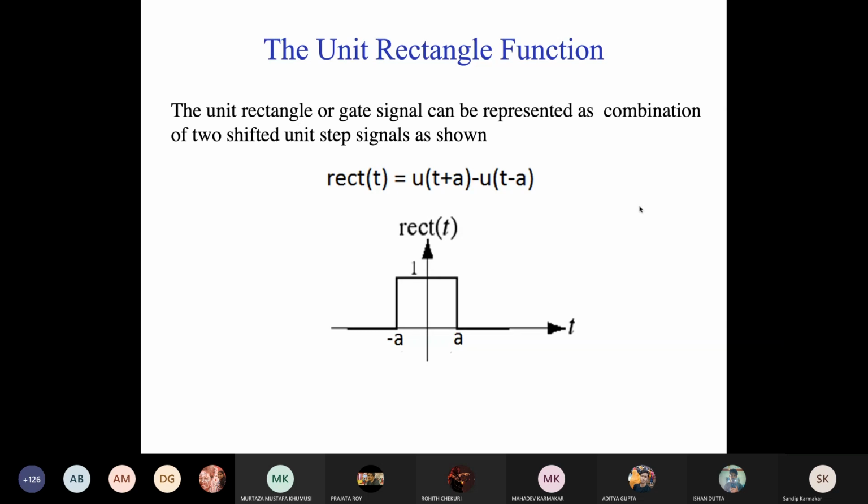Sir, according to the definition of u(t), if t is greater than 0 it's 1, and otherwise it's 0. So if we consider that t is getting shifted by a, that is for the positive side of t, and it's getting shifted by minus a on the negative side of t. So we are just shifting the graph that way. Right.